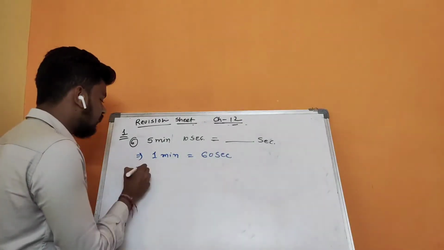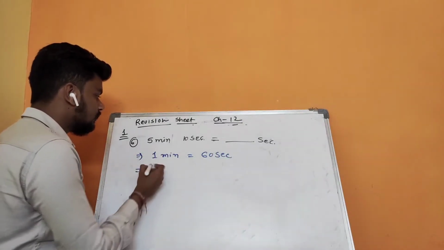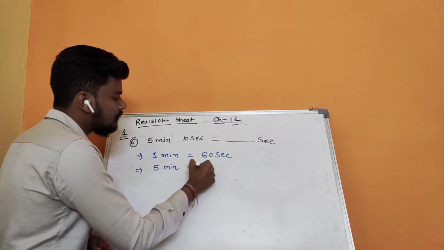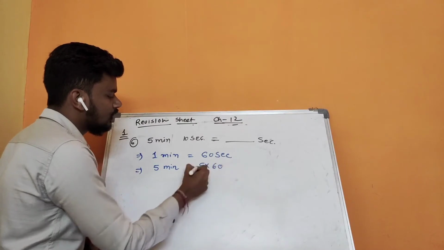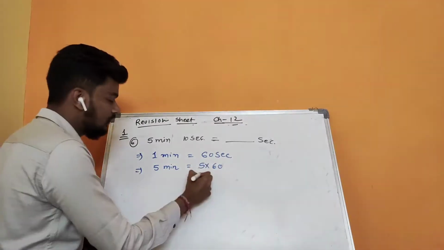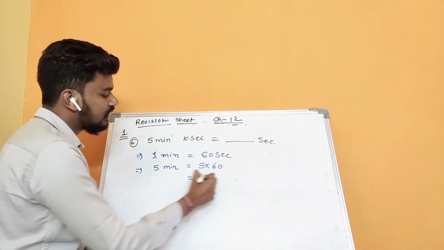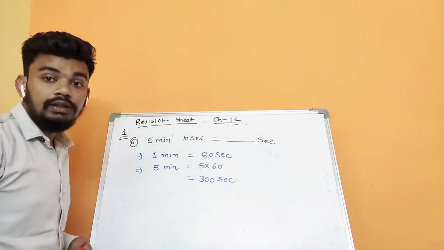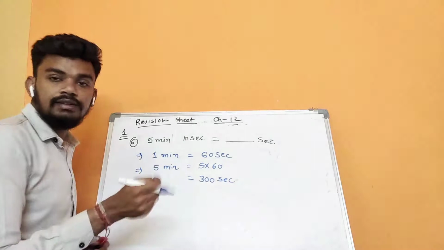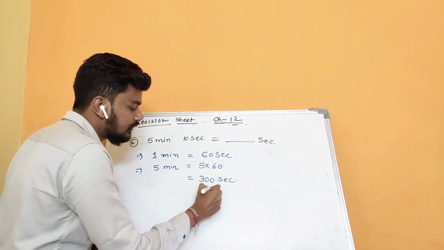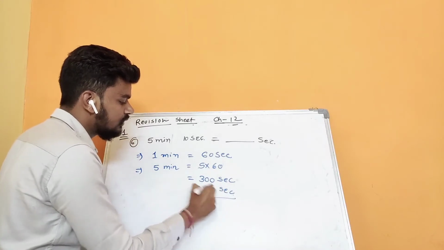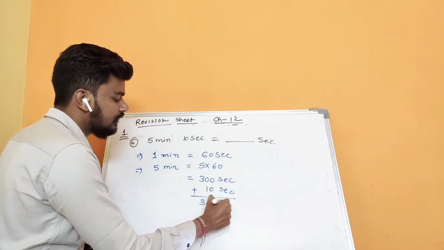Okay, so for that, 5 minutes is equal to 5 multiplied by 60. So 5 6s are 30 and the 0 is added at the last. So this answer is 300 seconds, plus this 10 seconds is added to this 300. So as per that, the answer is 310 seconds.